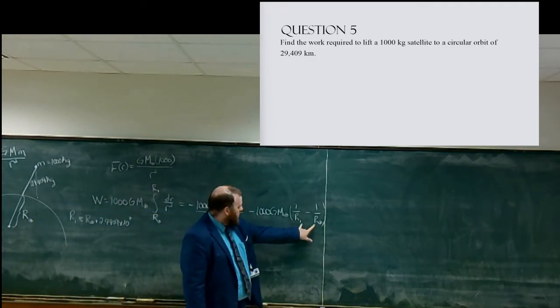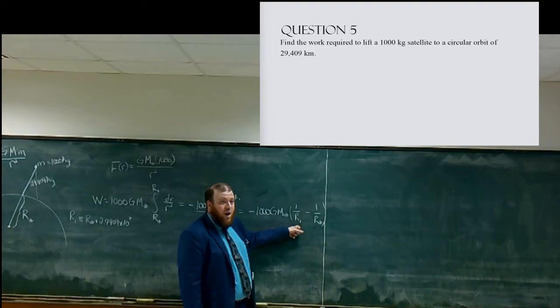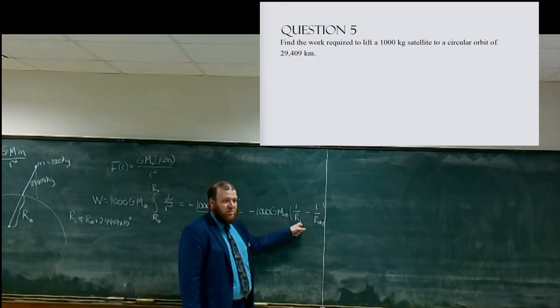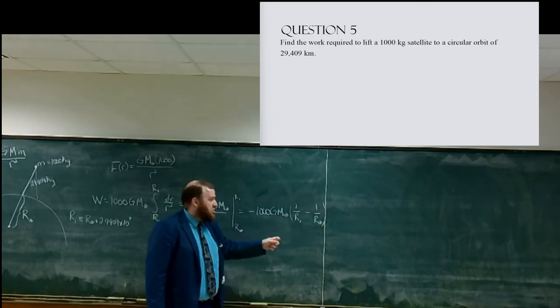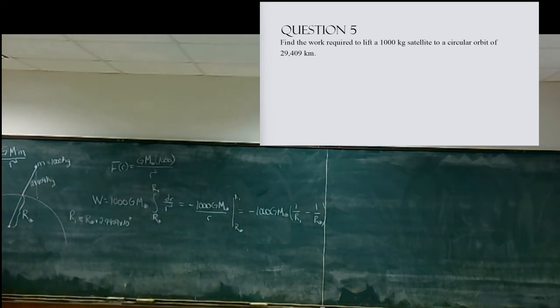Notice this value in here is going to be negative, right? R1 is larger than the radius of the Earth, which means this is smaller than this. So this is going to be a positive value, because you have negative times negative. And by the way, that is how I would leave it in physics.